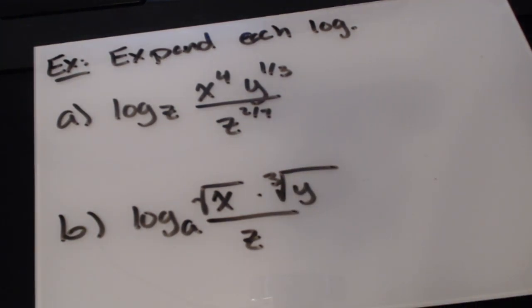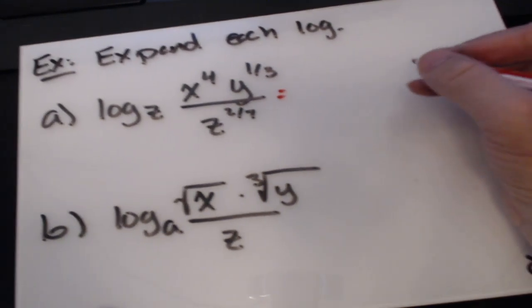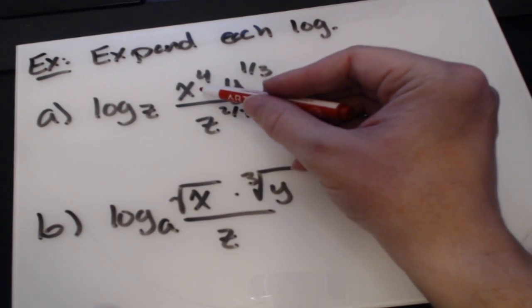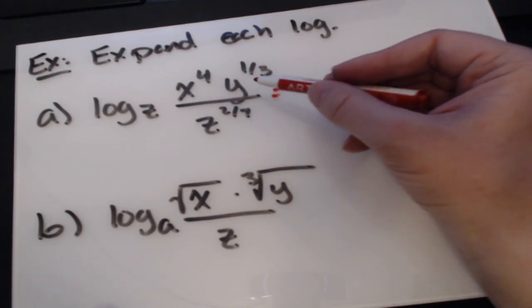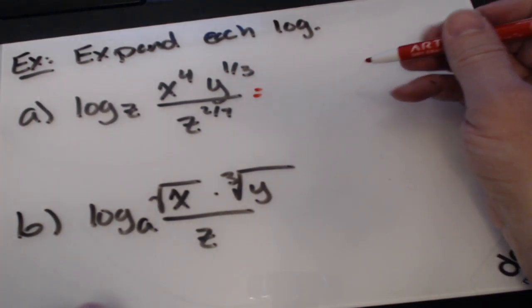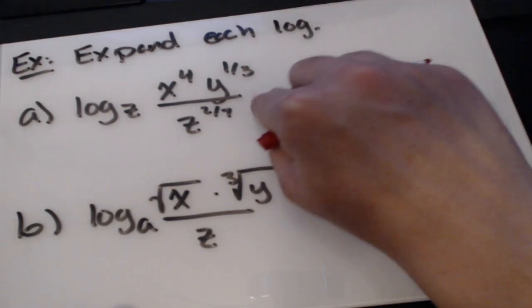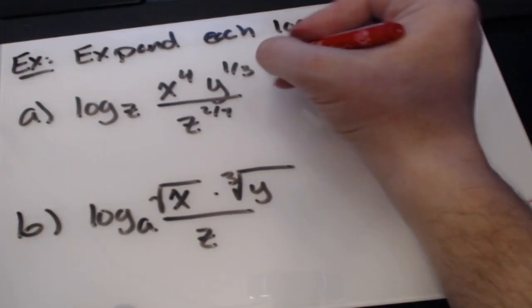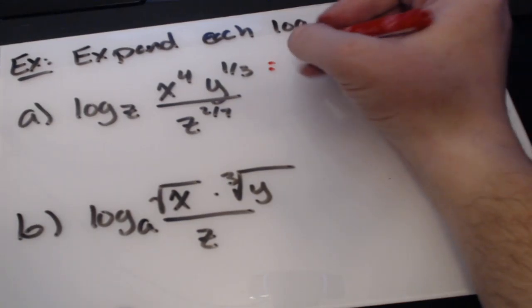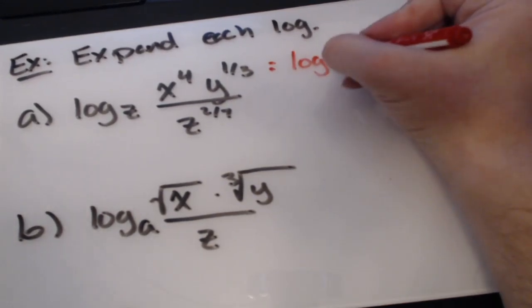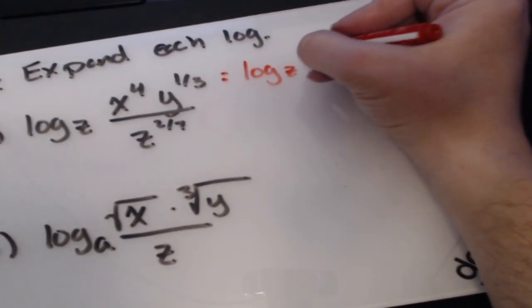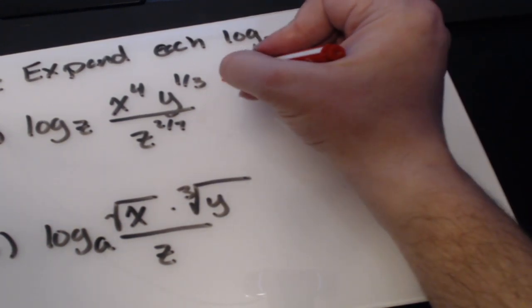All right, so these aren't too bad. You just need to remember you're looking at everything as being a single logarithm here. You're expanding it out. So x is going to have a logarithm, y is going to have a logarithm, z is going to have a logarithm. In fact, I left a little trick in this problem so we could talk about it. I'll write my equals up here because I'm going to need some room. So I have log base z of x to the 4th, so I get 4 out front.